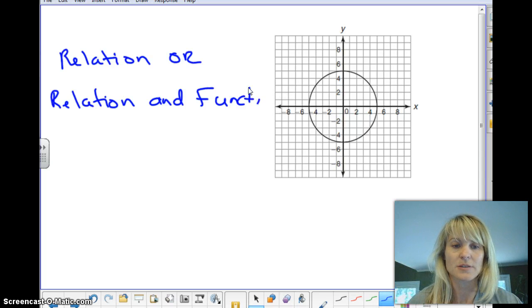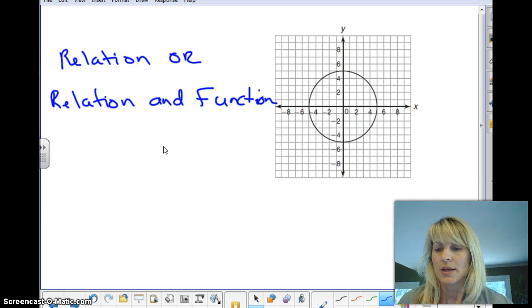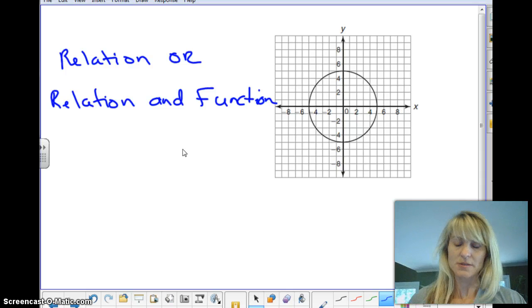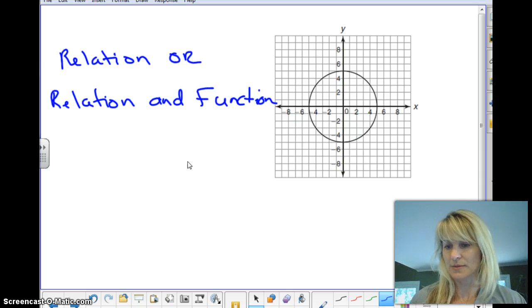Almost everything's a relation. So we want to know, is it just this or is it both of those things? I'm going to look at 2 different things here. I know it's a function if I only have one set of x's. I also know if it passes the vertical line test, it's a function.